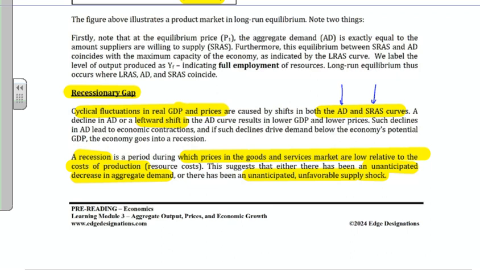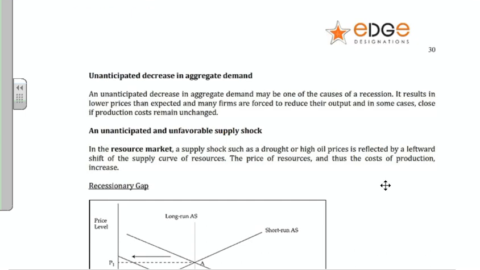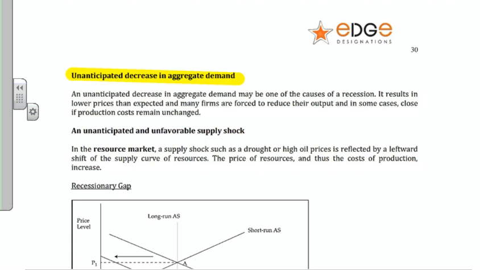Top of page 30, unanticipated decrease in aggregate demand. This could be one of the causes of a recession. What happens? All of a sudden, for whatever reason, aggregate demand starts to go down. Remember, as aggregate demand goes down, that shifts the curve to the left.